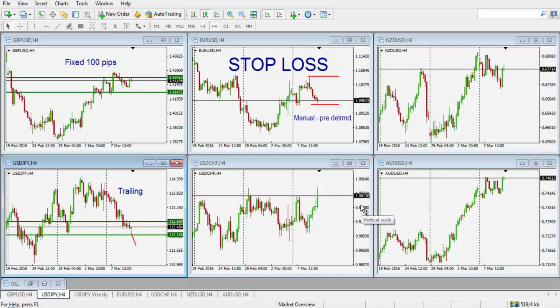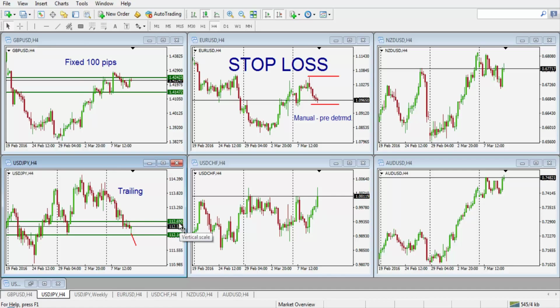Now, the last one. And by the way, if the price action simply goes against you, the stop loss will not move. If you've gone 5 pips in your favor, you've moved your stop loss essentially 5 pips further down. However, as soon as the price action starts to go against you, your stop loss will not move.